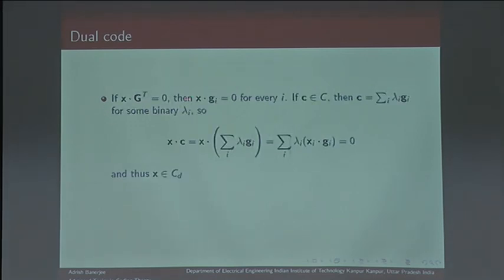So if this condition holds, then X dot gi is 0 for all i, correct? And what is a code word belonging to C? That is nothing but a linear combination of these gi.